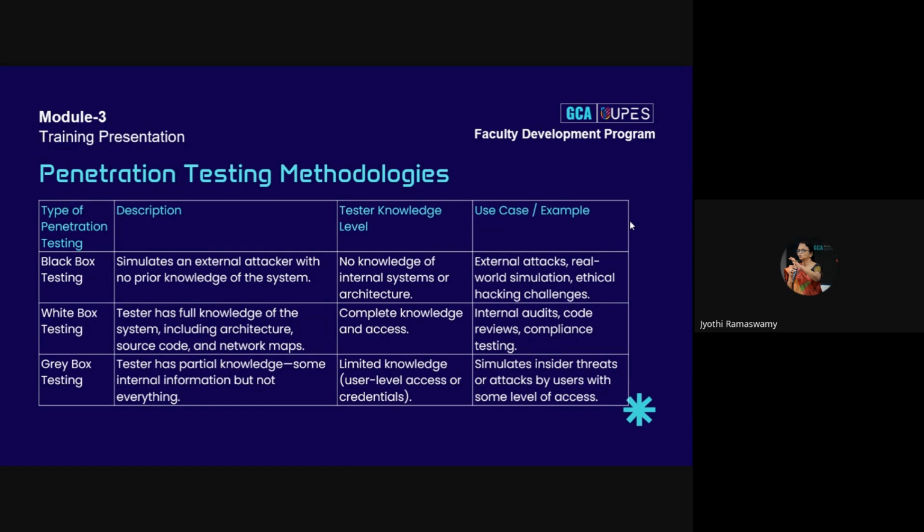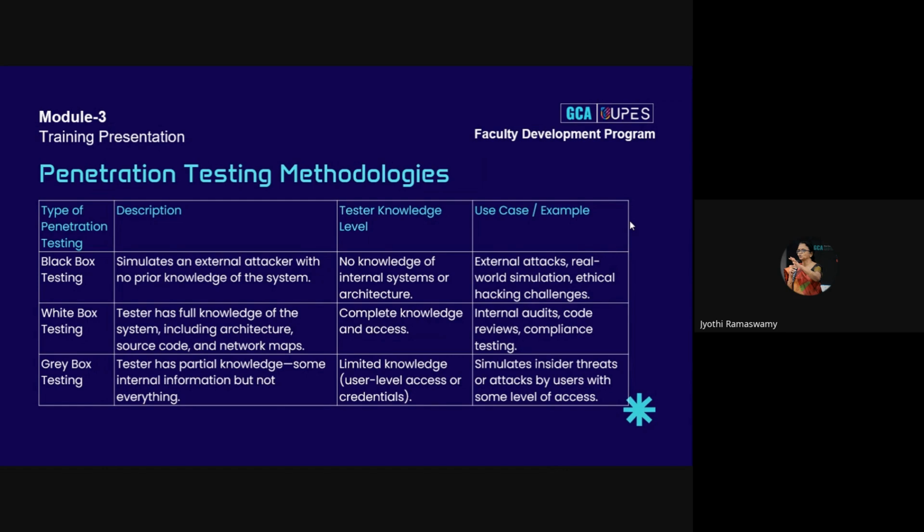Or in case of an enterprise network, the tester will not have the network diagram. But the tester will know that this is the perimeter, there is a firewall. I mean, this is how the firewall is hardened, right? Certain things will be given to the tester prior to the testing itself. So the tester will have limited knowledge.